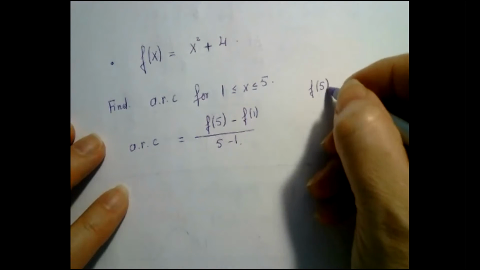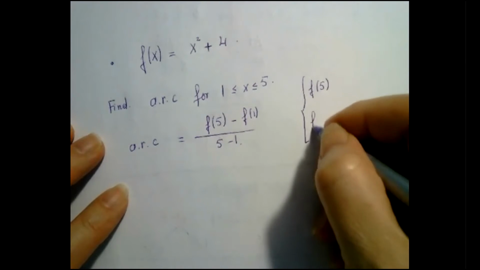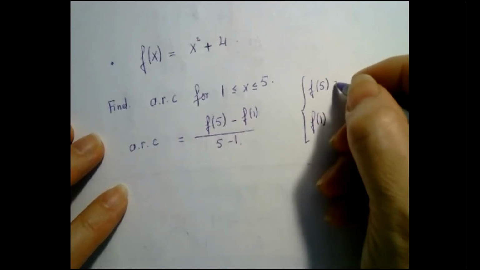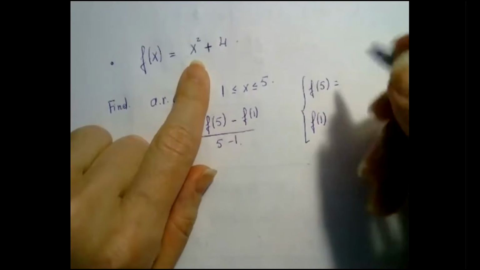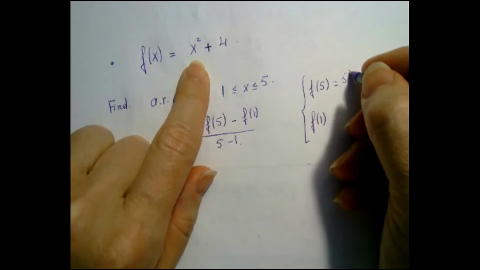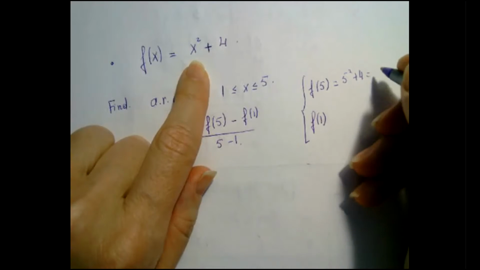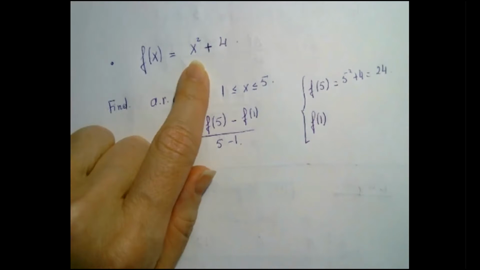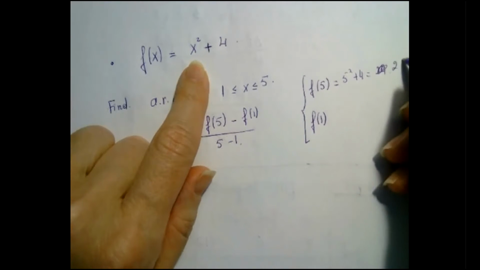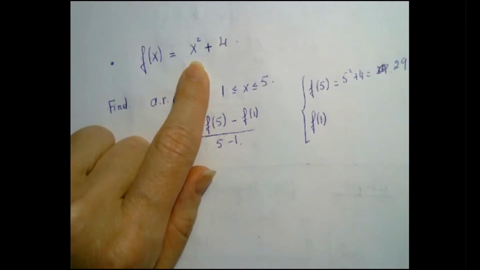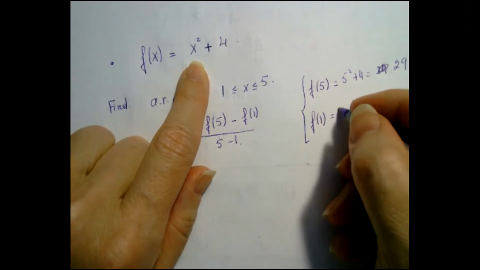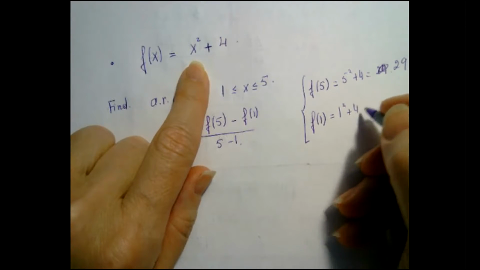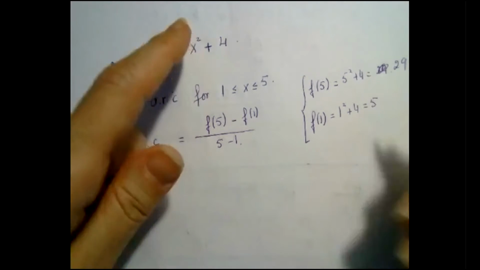Let me compute f of 5 and f of 1. f of 5 is 5 squared plus 4, which is 29. What is f of 1? It's equal to 5. I do them on the side.